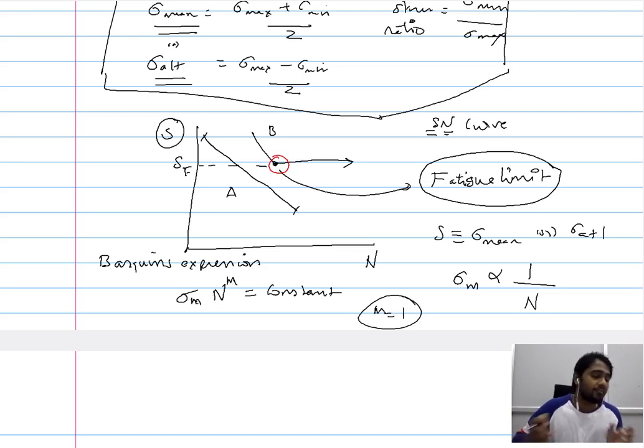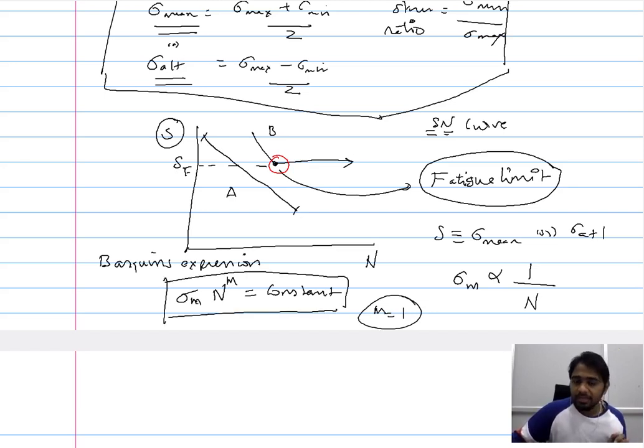So in order to have an accurate expression for this curve, you have this exponent, and of course it is possible for it to be 1. This expression that relates the influence of stress on the number of cycles that a material can withstand was first postulated by Basquin, and that's why we refer to this as Basquin's expression.